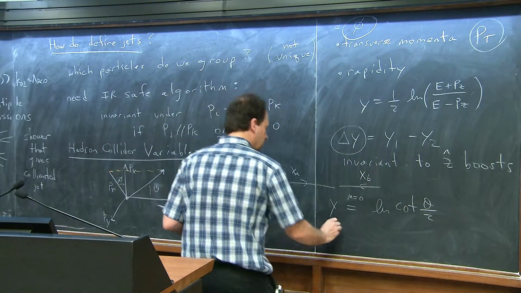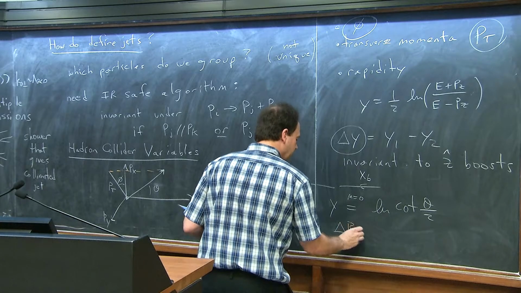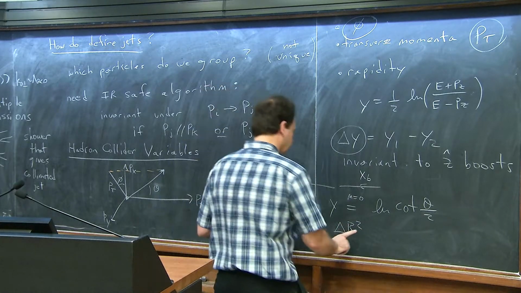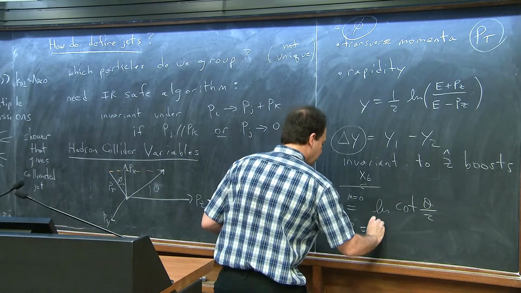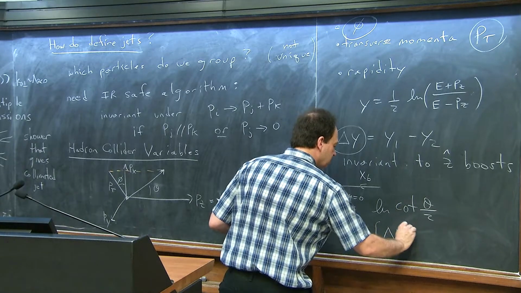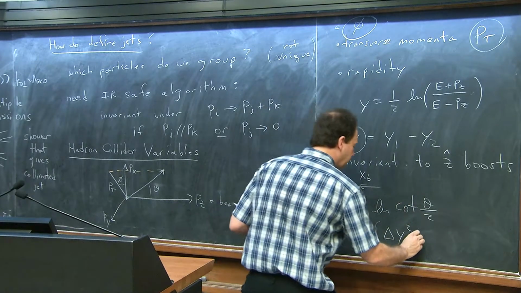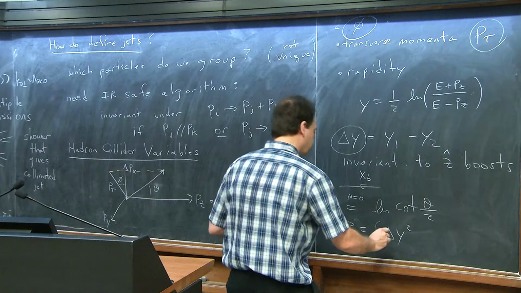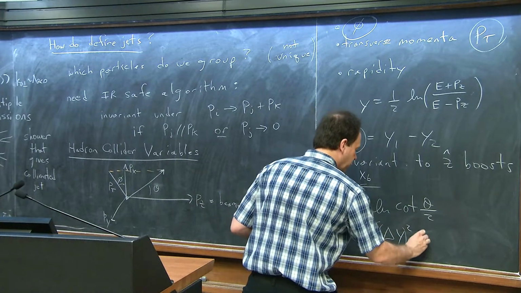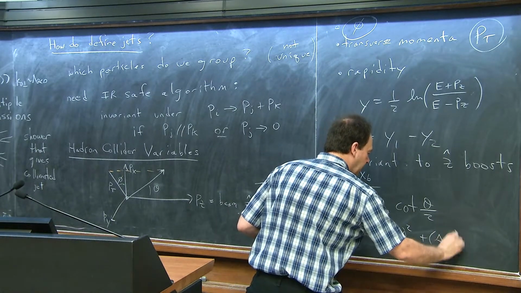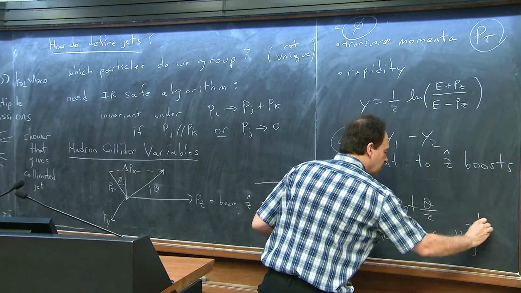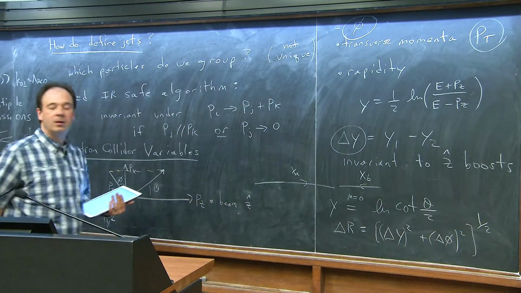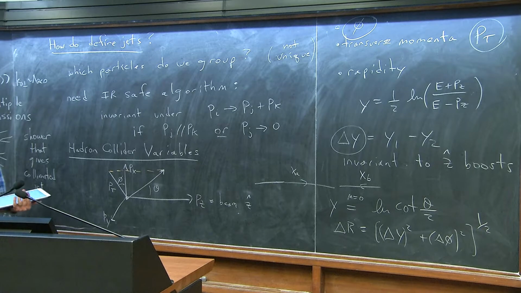And the type of distance measure that I'm going to use is the distance between particles in theta-phi space, but I'm going to do it in terms of y. So I have delta y squared plus delta phi squared. That would be an angular separation, which I call delta R. That would be an angular separation that's boost invariant. And that's the type of thing I want to use to define my jet algorithm.